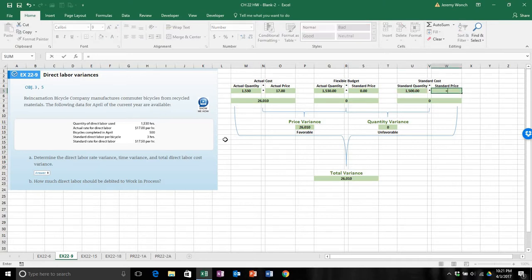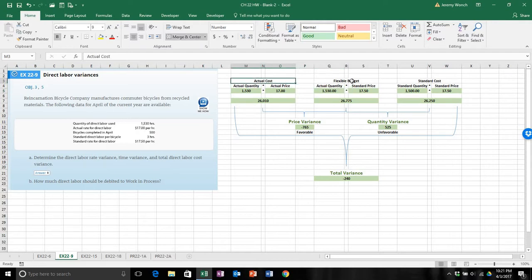And then the standard price, it gives us $17.50. Now the formulas are already inserted here. We have quantity times price is $26,010. 1,500 times $17.50, so our standard was $26,250. And then our flexible budget just takes our actual quantity, and then our standard price gives us a flexible budget of $26,775.